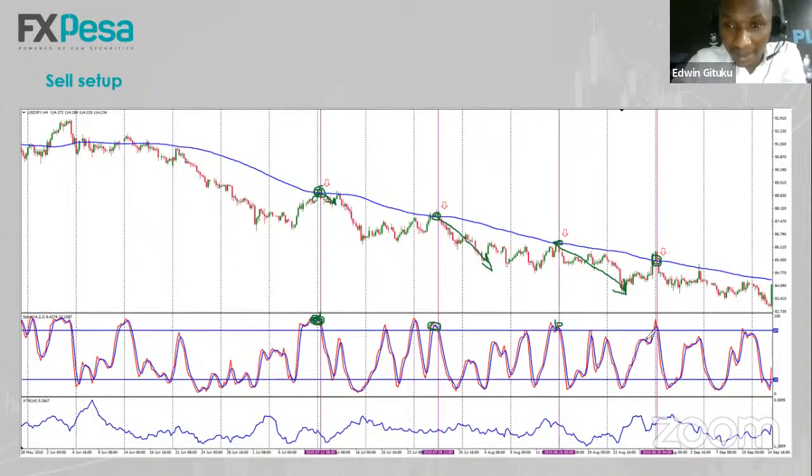And at the same time, it so happens that stochastic is giving you a confirmation of an overbought price. So those setups are sell setups, or that is the kind of picture or context that you'd want to have on your charts. And here we are dealing with a 4-hourly time frame chart.